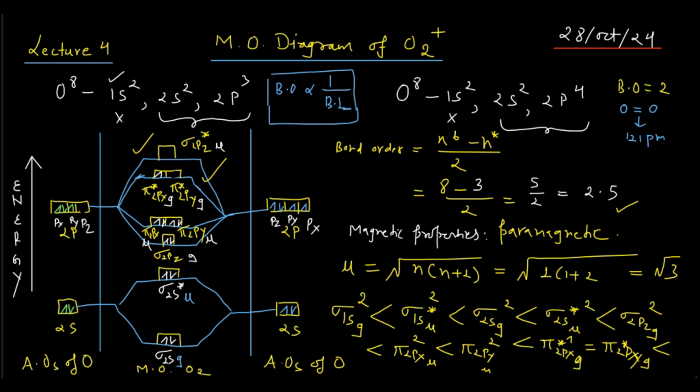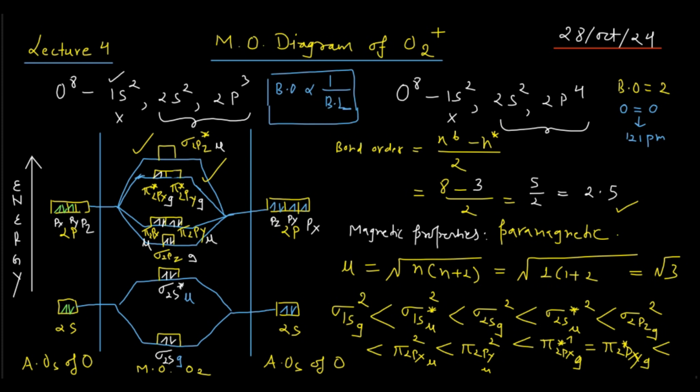Your bond order has increased. That means this will have the more bonding interactions. Since you have removed electron from the anti-bonding orbital, then definitely anti-bonding interactions will decrease and your bonding interactions will be higher. When your bonding interaction will be higher, definitely it will reflect in the high bond order, and the bond length would be shorter than this one, right? Because the bond order has increased and they have the inverse relation.